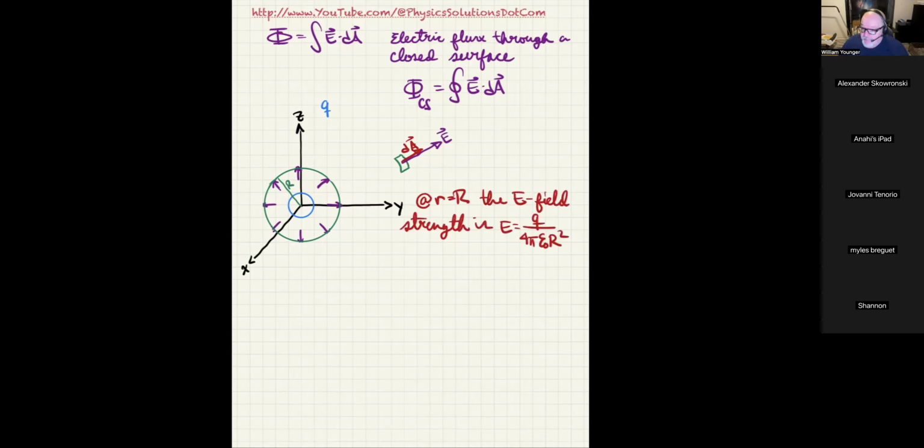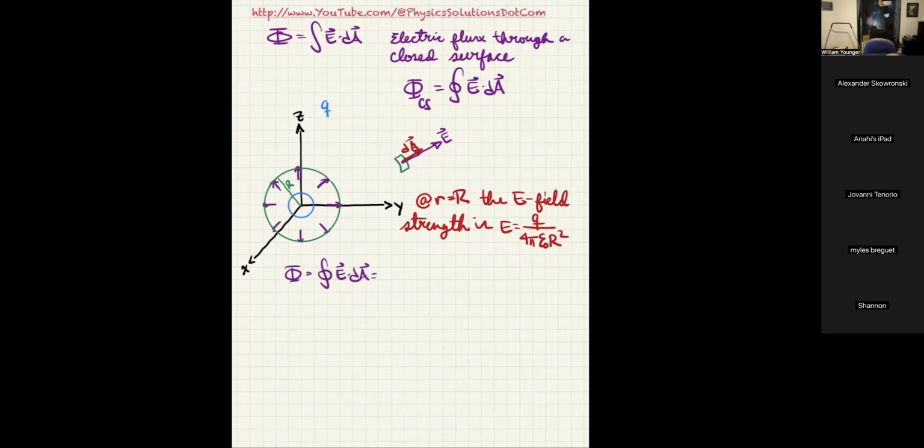And that's just from our formula for the magnitude of electric field due to a point charge Q. So that's what the electric field is going to be. And we can now calculate the flux. So the flux through the surface is equal to the closed integral of E dot dA.